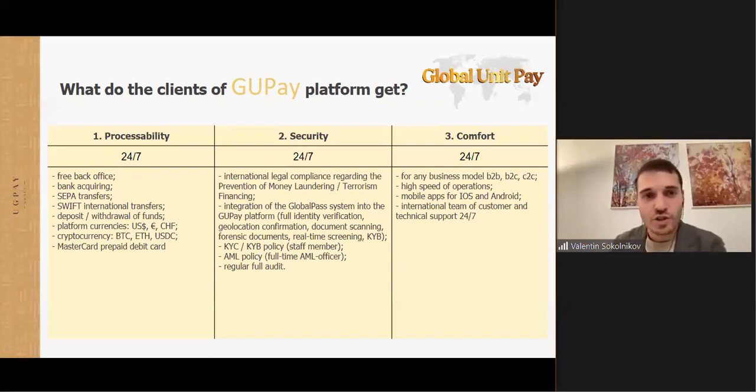So even if a person is a director of a company, you can connect the legal entity to this system and open legal entity accounts. In this case, it's accounts in Lithuania, Liechtenstein, or Luxembourg. You can also add internet acquiring to it. And the commission fees here are quite market competitive, but we're going to talk about it later.